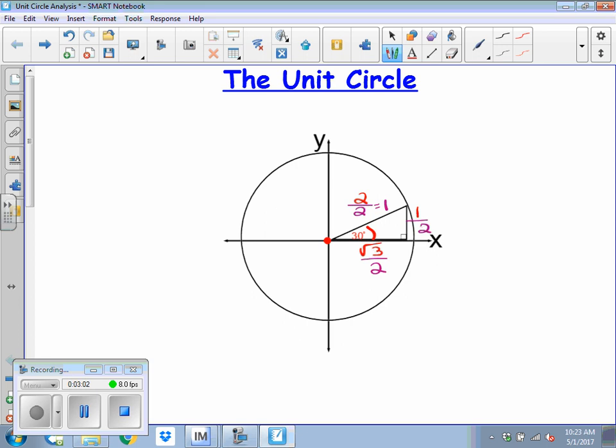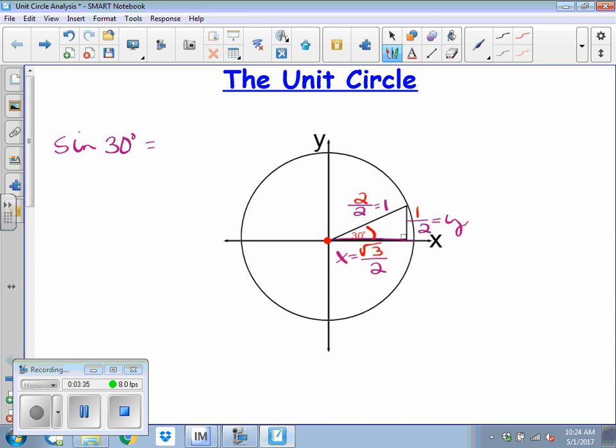Now, let me ask you this. Is this my x-coordinate or my y-coordinate? That's my x-coordinate. And what's this? That's my y-coordinate, correct? If I asked you to tell me sine of 30 degrees using that triangle right now, sine is what over what?